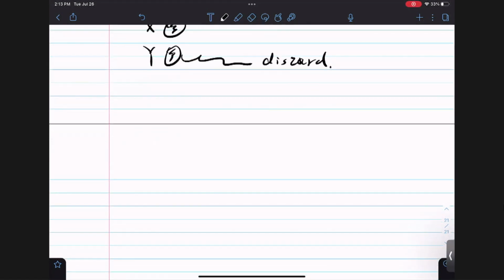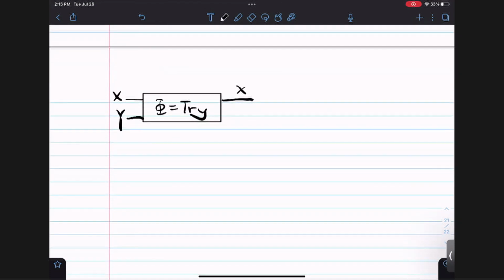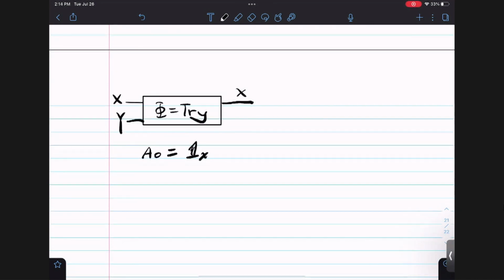Let me first draw this diagram here: X and Y. The channel we're going to define is just to discard the system Y. To describe this operation, we need to specify a bunch of matrices, and in this case we need two matrices, which have a tensor product form.